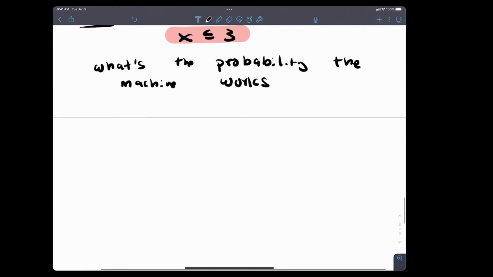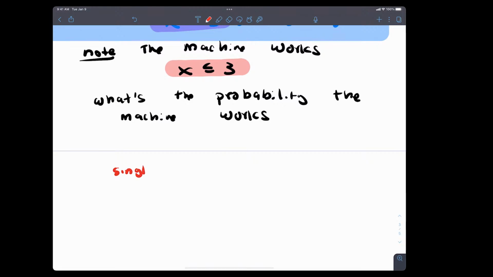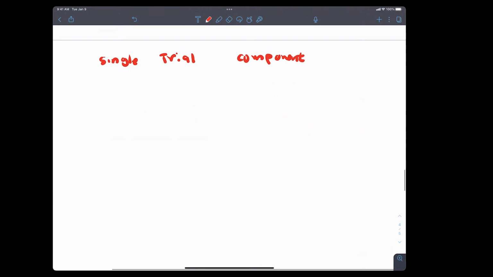Now, stop and think about this single trial here, right? We have a single trial for the component, so each component. So we're going to look at this in terms of 2 outcomes. It's a binomial. The component will fail, or the component will work.